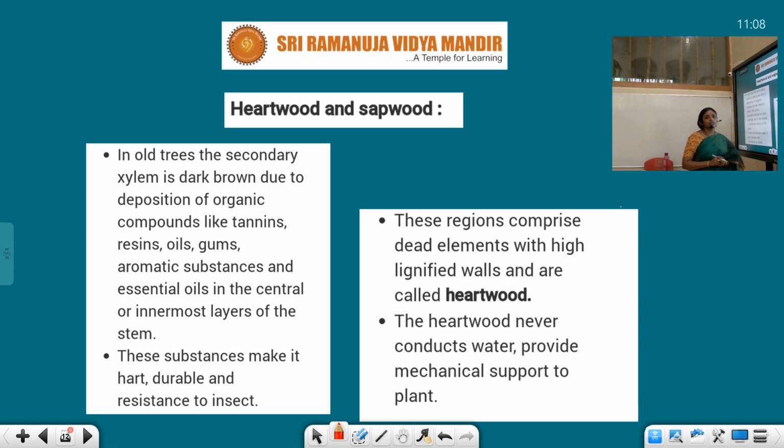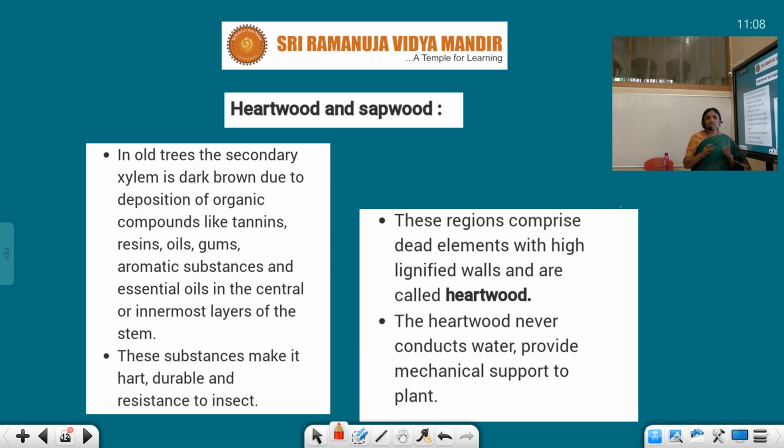Heartwood and sapwood. What is this? Let's see. In older trees, as the tree becomes old, what happens? In the old trees, the secondary xylem is dark brown. The secondary xylem, which is formed by the activity of the vascular cambium ring, becomes very dark, hard, and brown due to deposition of organic compounds.